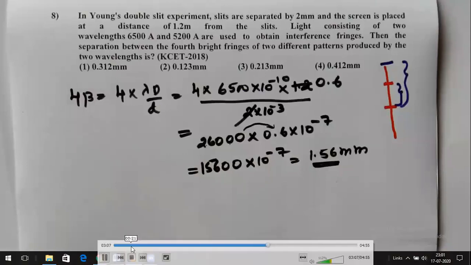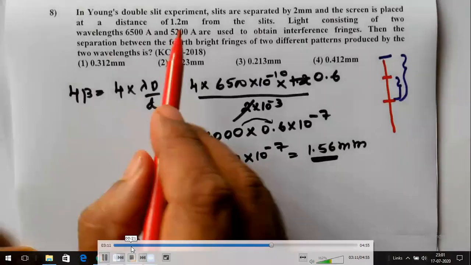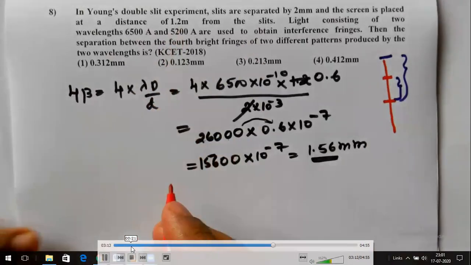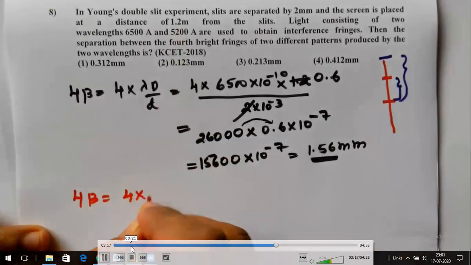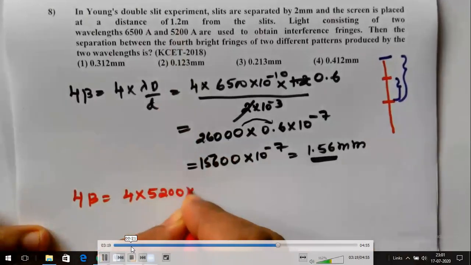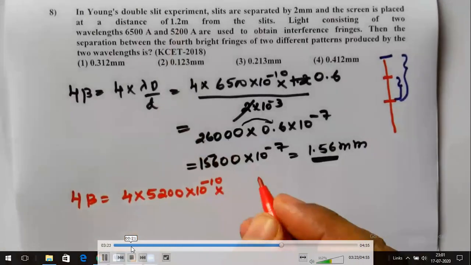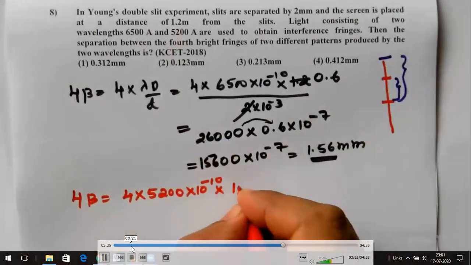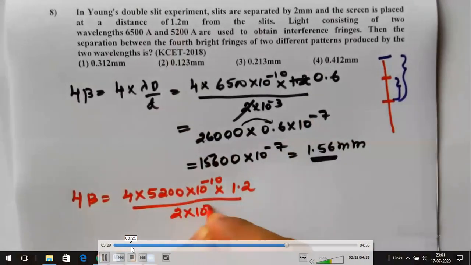Now let us find out the fourth bright fringe due to another pattern. That is due to 5,200 angstrom. For that one, 4 beta is equal to, directly I will substitute 4 into 5,200 angstroms minus 10 into, and D by d remain the same, 1.2 divided by d is 2 into 10 to the power minus 3.